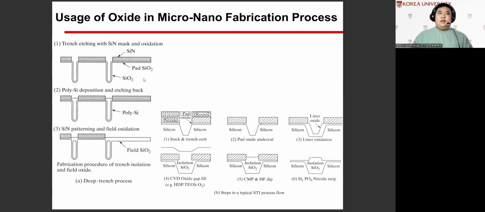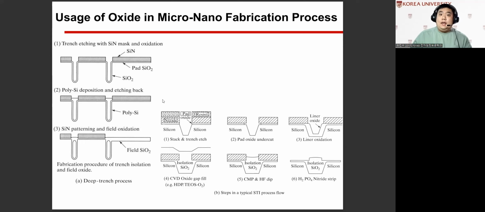Otherwise, this is the widely used process nowadays: the trench oxidation process. We make a deep trench with, for example, the deep reactive ion etching process we have discussed before, and we put some oxide inside, or sometimes some polysilicon inside.